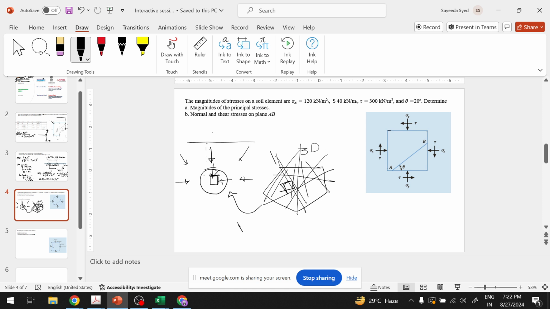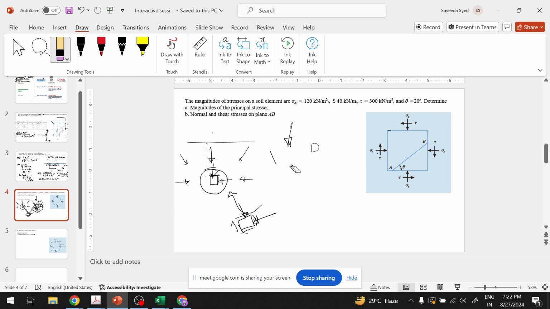I'm trying to see that due to the external force that I have created over this, what is the normal stress and the shear stress along this. Which type, like how much stress is there that is trying to compress it, or that is trying to pull it, or that is trying to shear it.